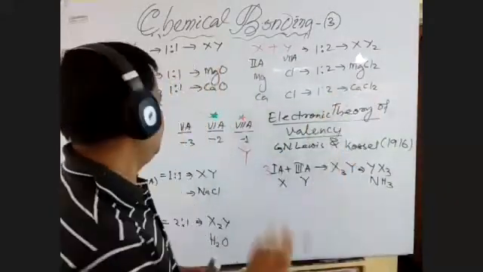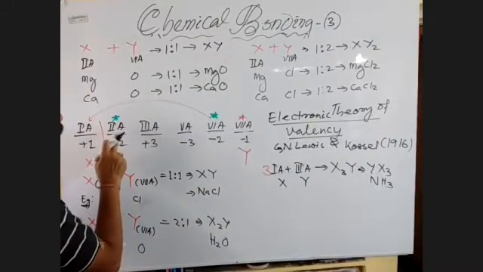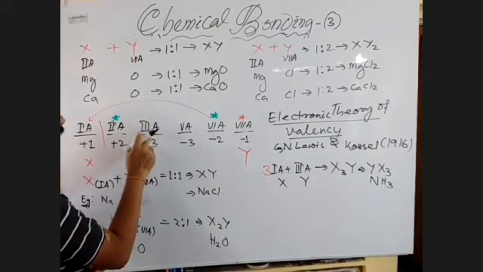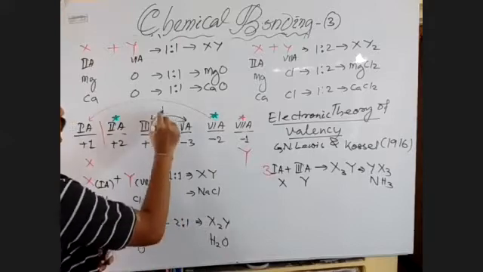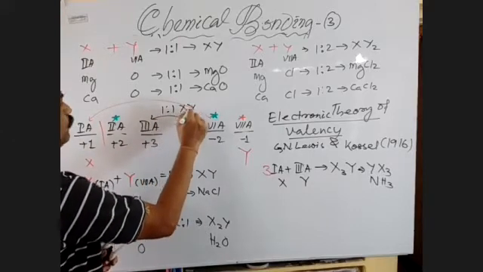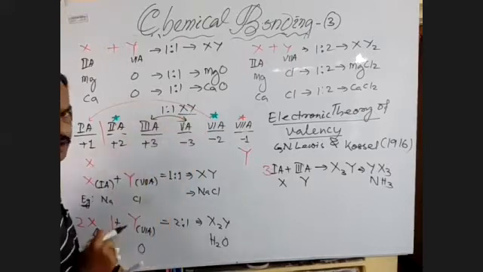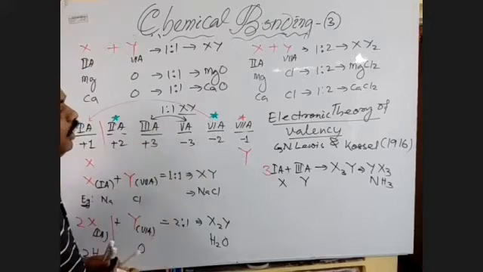Similarly, if I take the third group, how will it combine? Now there will be a 1 is to 1 ratio, so it will form XY because both have similar capacity. This has a tendency to lose 3 electrons, this has a tendency to gain 3 electrons.